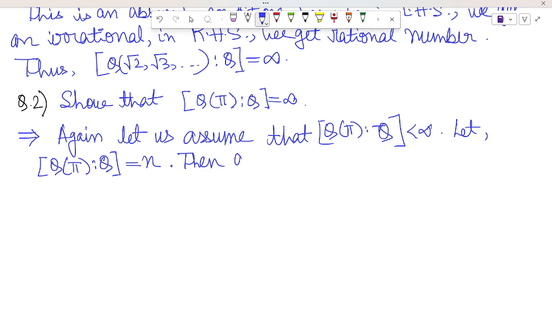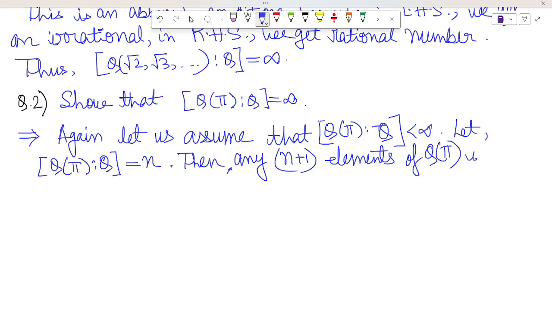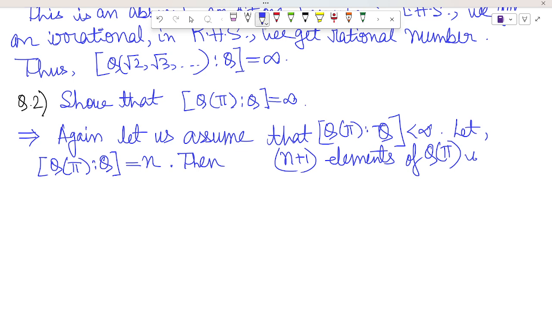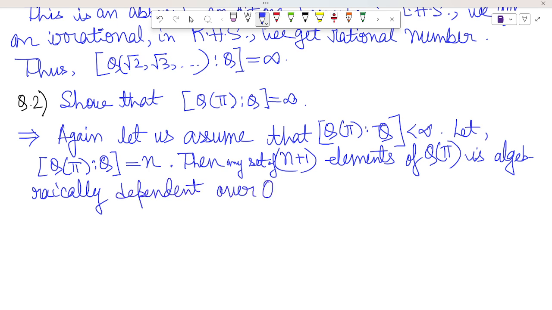Then any n plus 1 elements of the set, or any set of them, are algebraically dependent over Q.